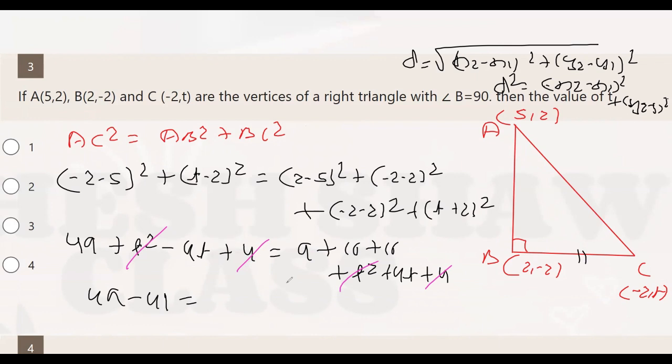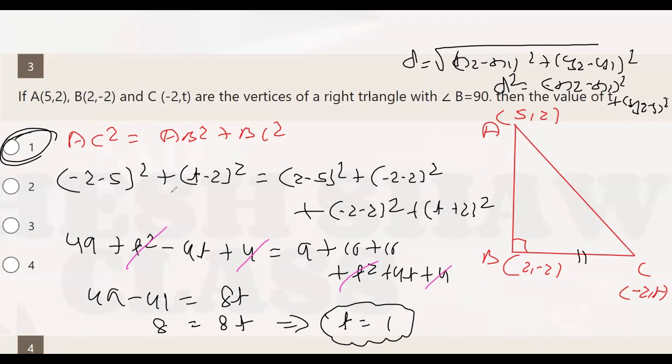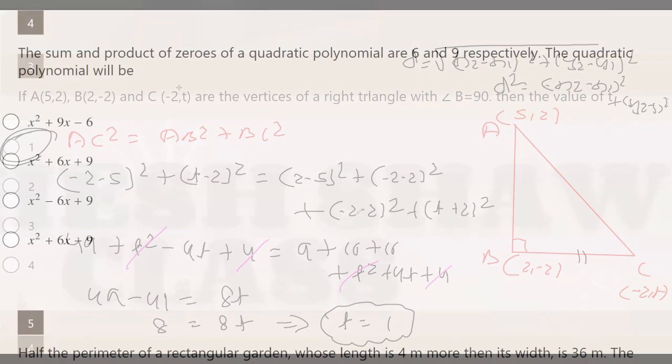If I transpose minus 49 to the other side, this will add up to 4t plus 4t, so I can write 8t. 49 minus 41 is 8, which is equal to 8t. So this implies that the value of t is 1, 8 divided by 8 is 1. So option A is correct in this case.